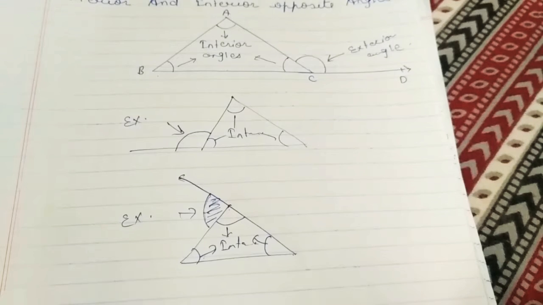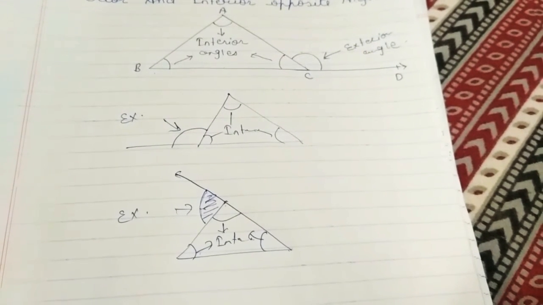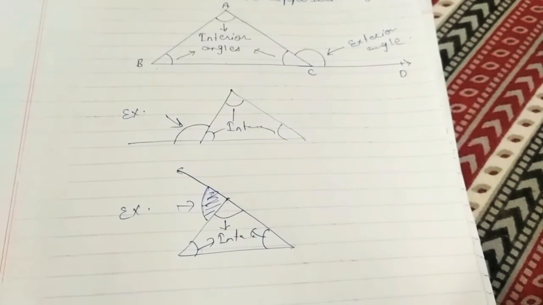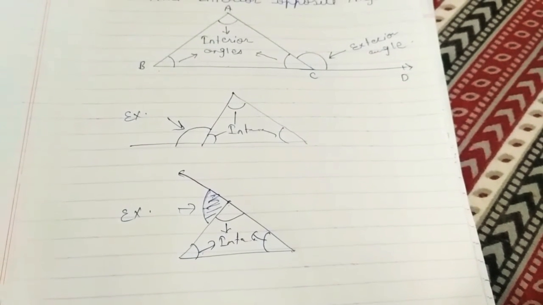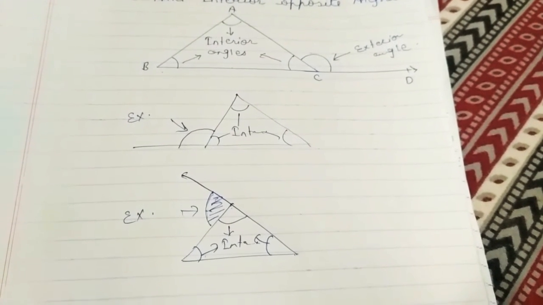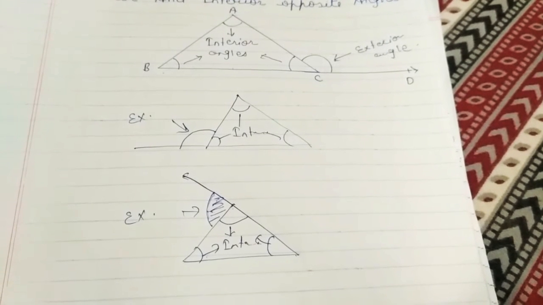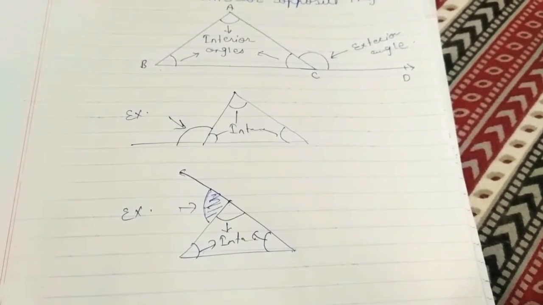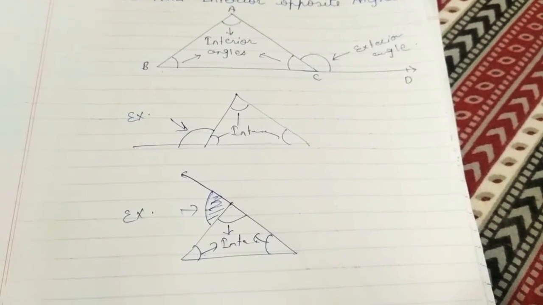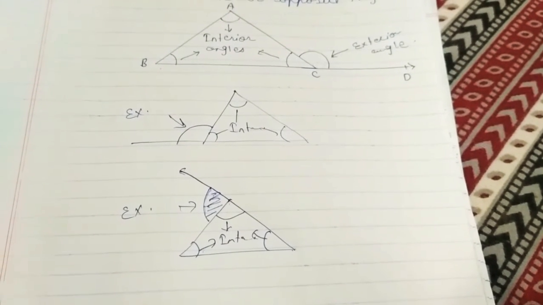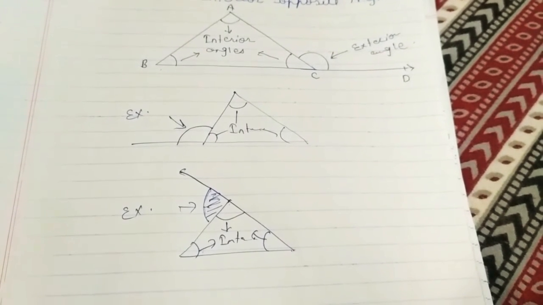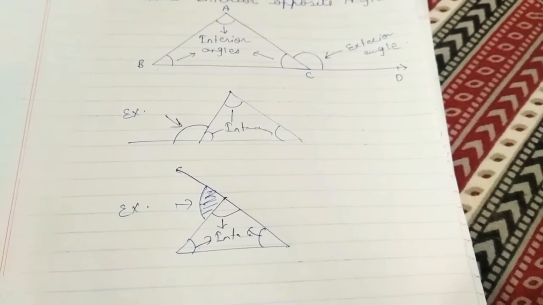So one of the most important properties from the properties of triangle chapter depends on this knowledge. This property is known as exterior angle property of a triangle. Let's check what the magic is in this property.